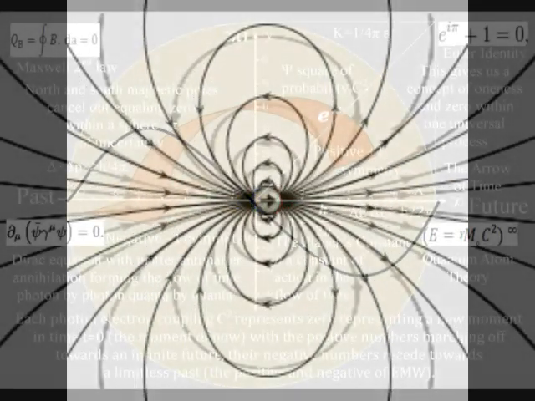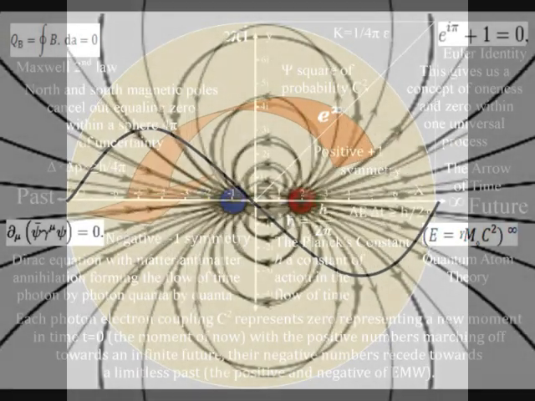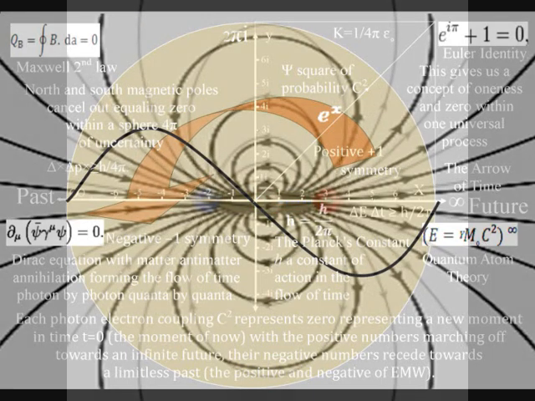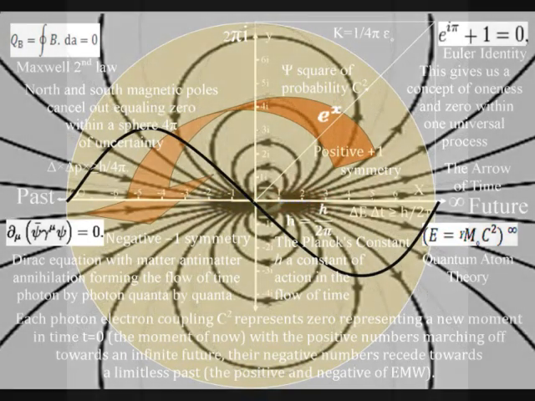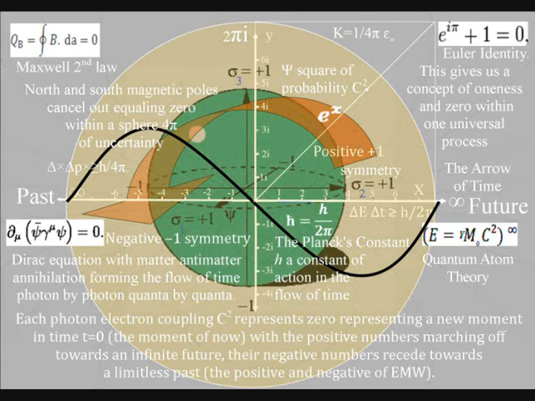On the lower left-hand side of the diagram, we have Dirac's equation that also equals zero, representing zero time, with matter-antimatter annihilation, forming the magnetic moment or dipole moment, with the future coming into existence, photon by photon, quanta by quanta. This magnetic moment is formed when light waves interact with matter to form a photon-electron coupling, and the electron is the most spherical object in the universe.